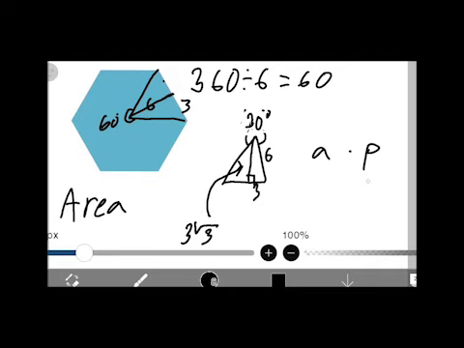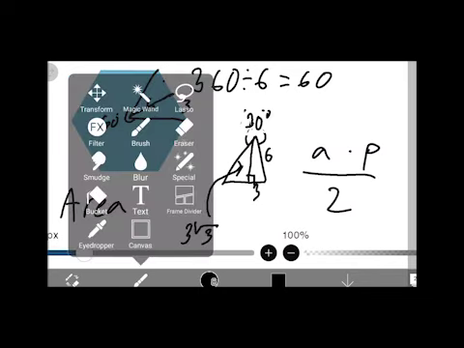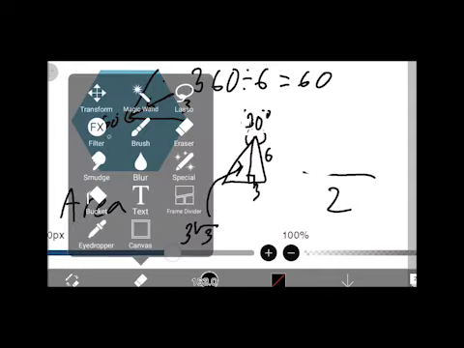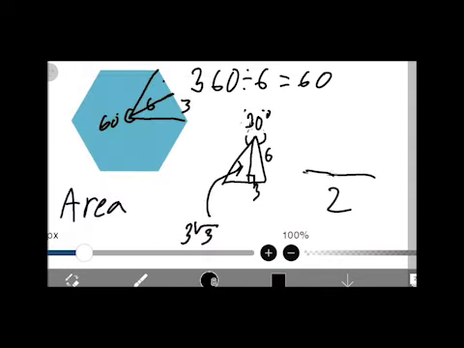Right? So, what's the apothem? Well, the apothem is 3 times the square root of 3. We're already done. That's it. It's much easier to just put it in the calculator altogether.